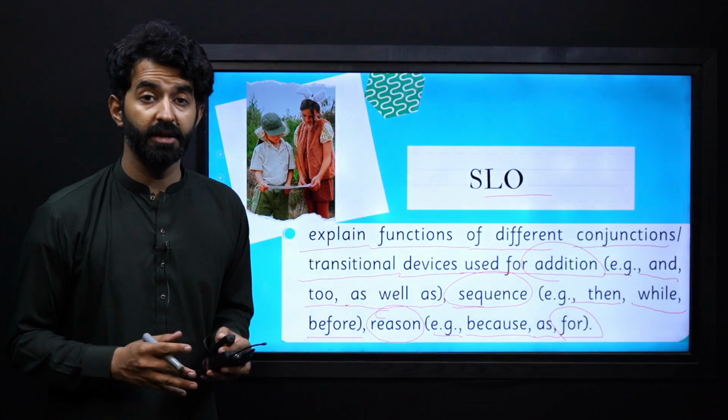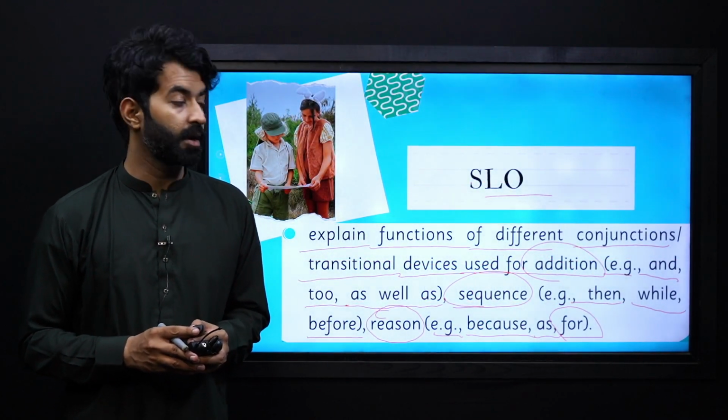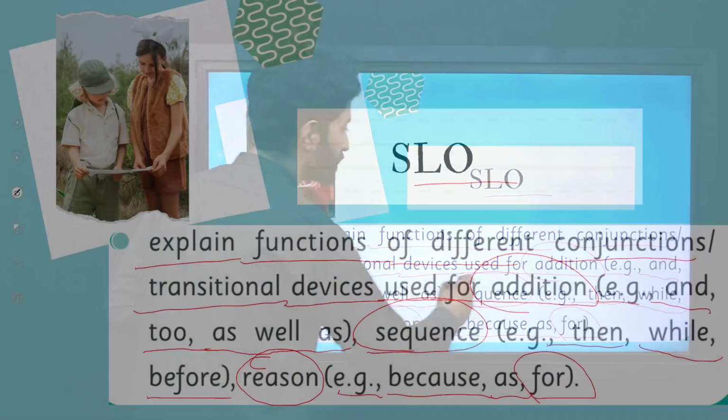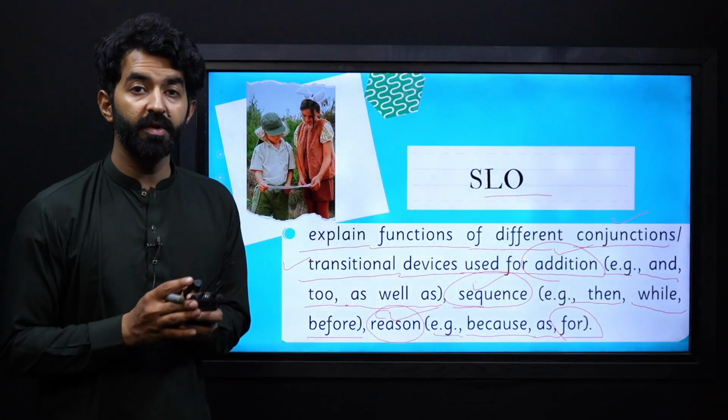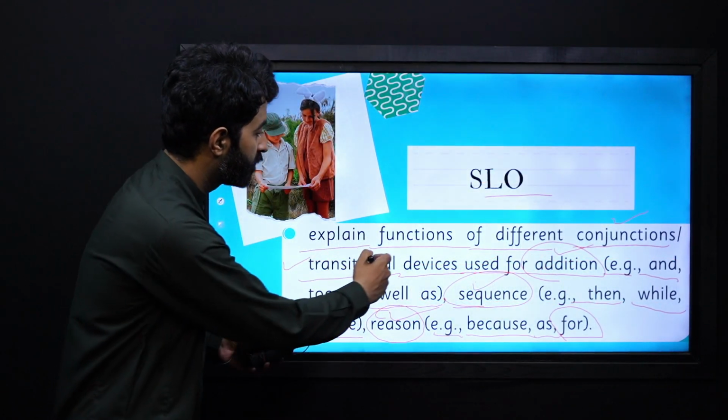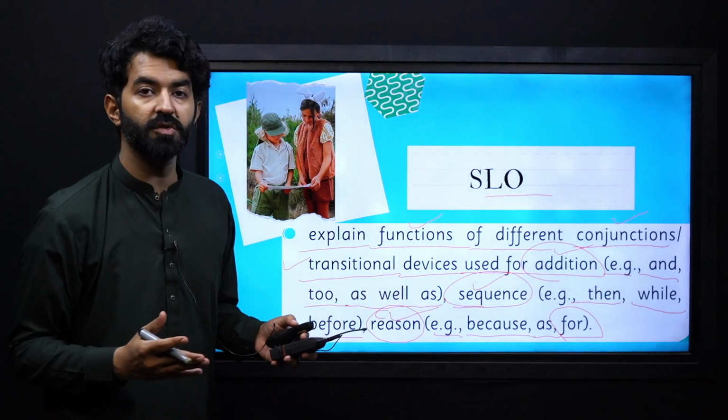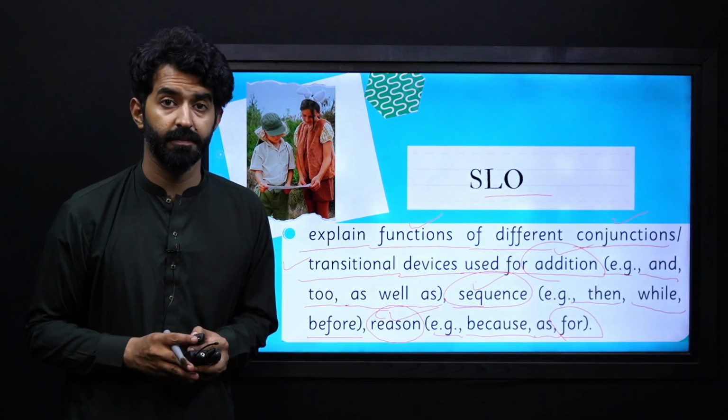So let's break down our students' learning outcome. We are talking about conjunctions or transitional devices that we use for additions, then also for sequence, and lastly for reason. The examples are given. So we will be seeing the functions of different conjunctions or transitional devices.